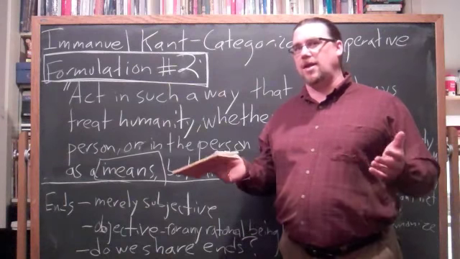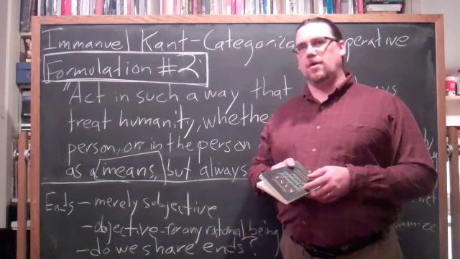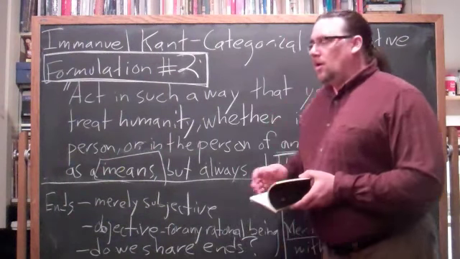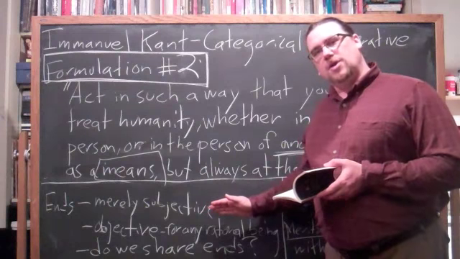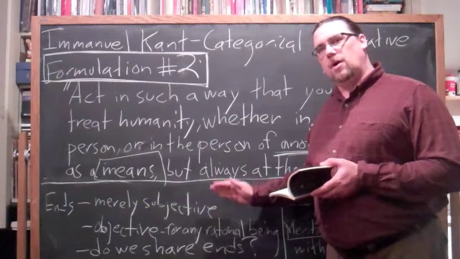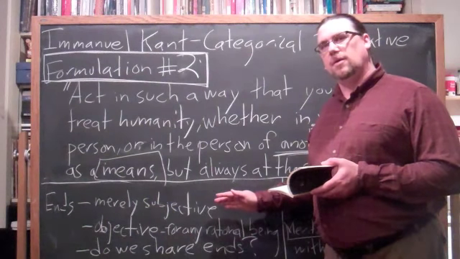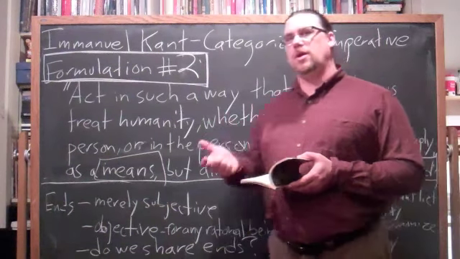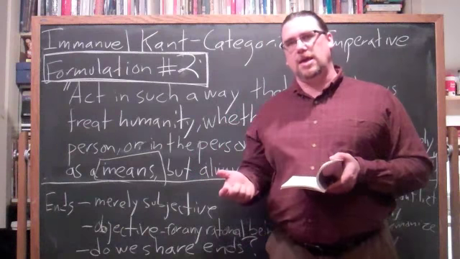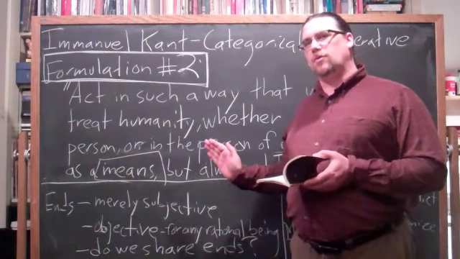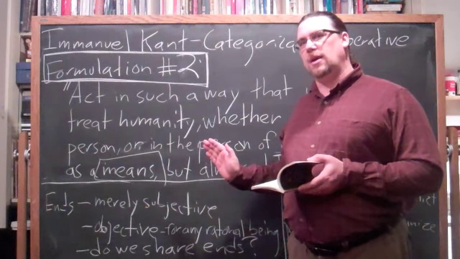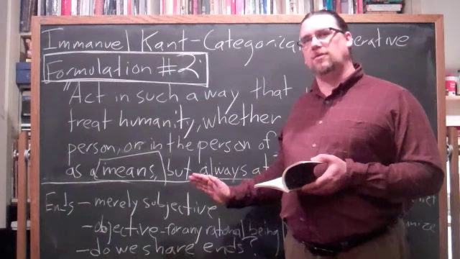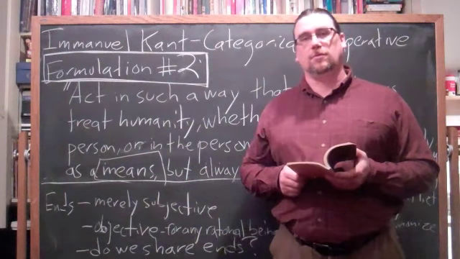They probably are not identical. They may in fact conflict with each other. We can agree upon objective ends. That's stuff that we can all share as rational beings. Now, if I'm treating another person as a means, I am, in a certain respect, treating them as a thing, not respecting their capacity to set ends for themselves.